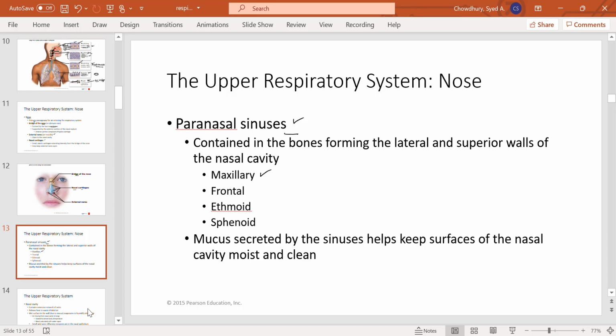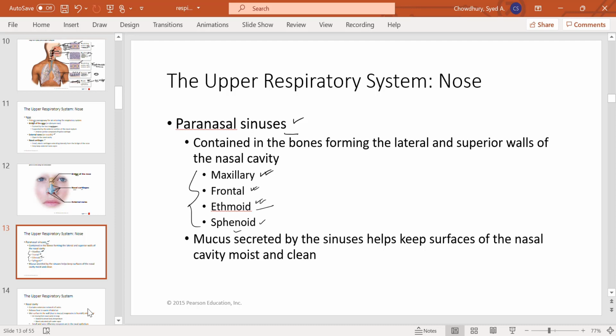Two maxillary bones have two maxillary sinuses, and these are the largest sinuses of your body. Then you have frontal sinuses inside the frontal bone, ethmoidal air cells or sinuses, many inside the ethmoid bone, and sphenoidal air sinuses. Okay, so these are the sinuses around the nasal cavity called the paranasal sinuses.